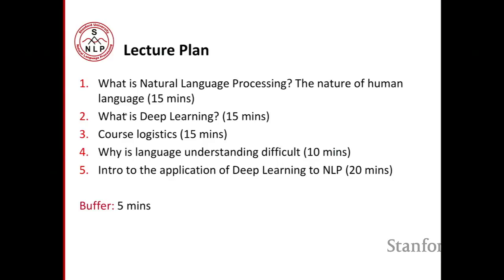We'll define what deep learning is at a very cursory high level, and then go through the not so exciting course logistics, though those are super important as well. And then we'll actually talk about why language is so hard for deep learning and really any other AI technique to understand, and then hopefully motivate you with a bunch of applications.